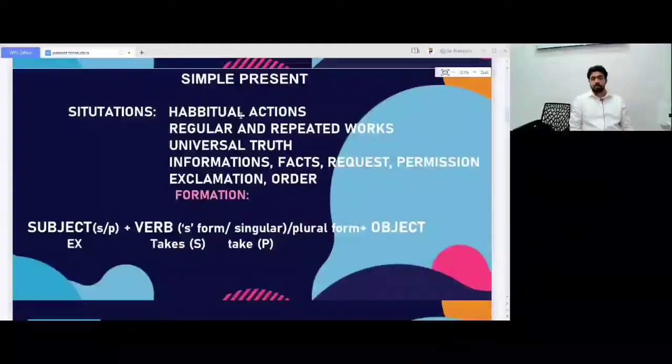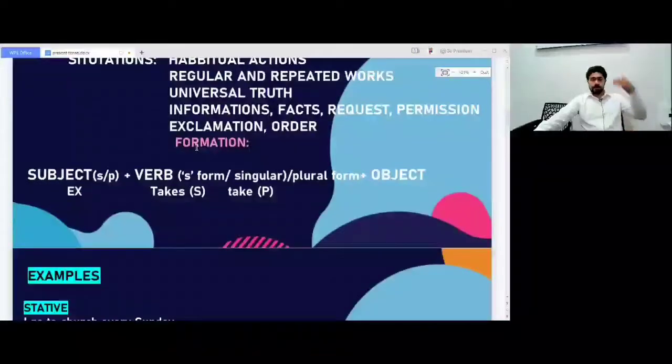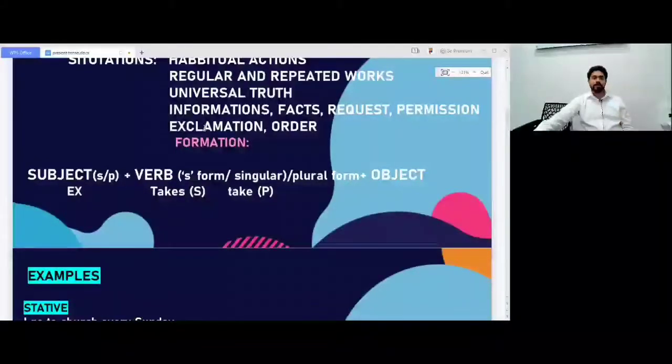Then the universal truth, of course, this is the most important thing, and things that don't change. It is very, very stable. So the universal truth, like the sun rises in the east. Then when you give some information, state some facts, make some request, permission, make some exclamation like exaggeration, or give some order, we all use simple present.